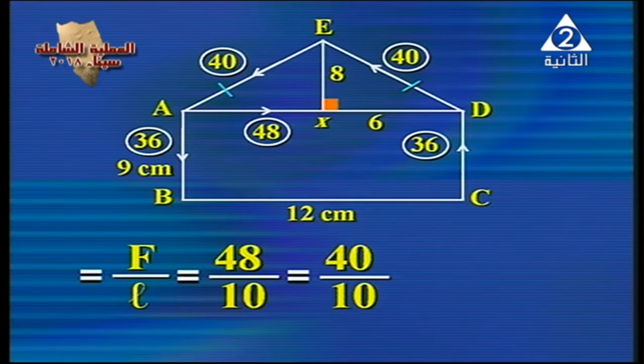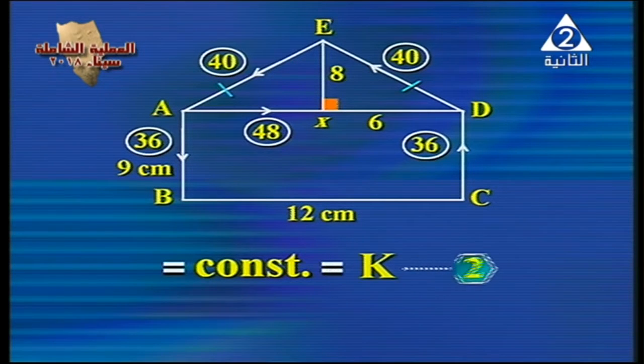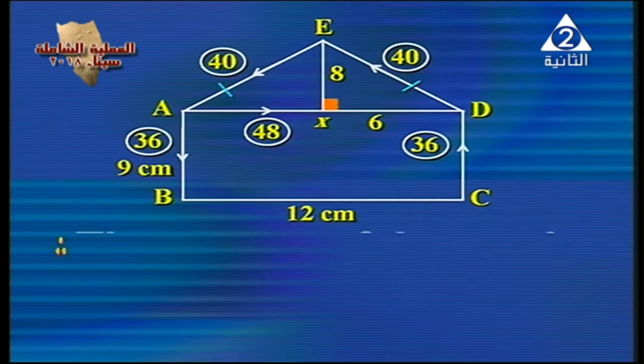There is a ratio or proportion between the force and side. The force F over L equals 48 over 10 equals 40 over 10. Then, dear student, F over L equals 4, a constant, equal to K.